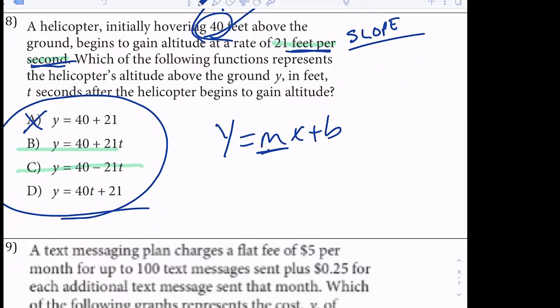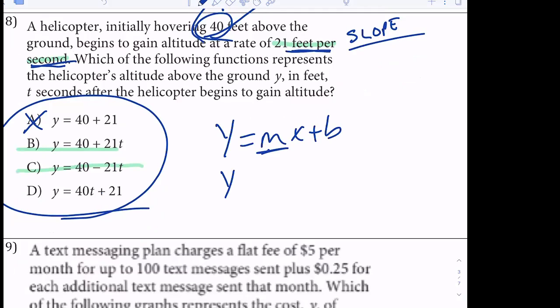What is the value? 21. Stop just saying things, some of you. Think before you open your mouth. We just said for the last 2 weeks, m represents what? Slope. So why would you say something other than 21?